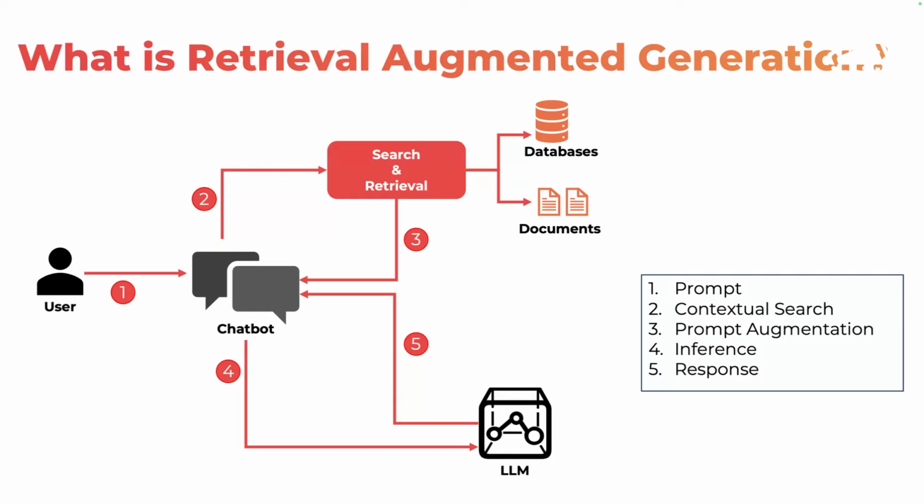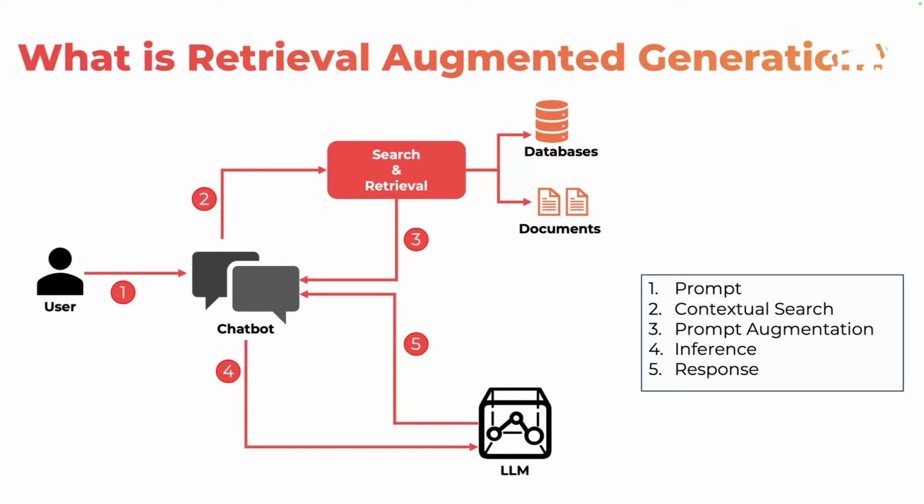Now, this prompt is immediately sent to a search and retrieval component, which is going to perform a semantic search in the existing vector database, which already has embeddings based on the company leave policy PDFs or documents or web pages. So that is the second step, which is the contextual search.